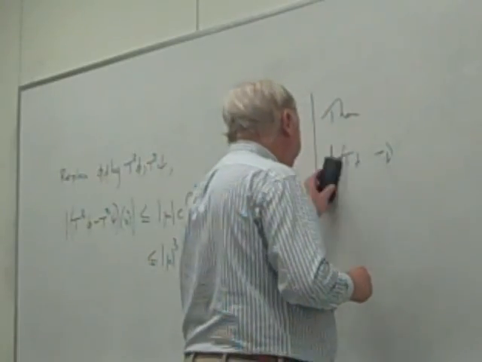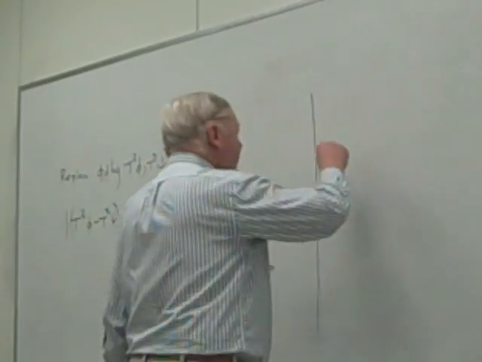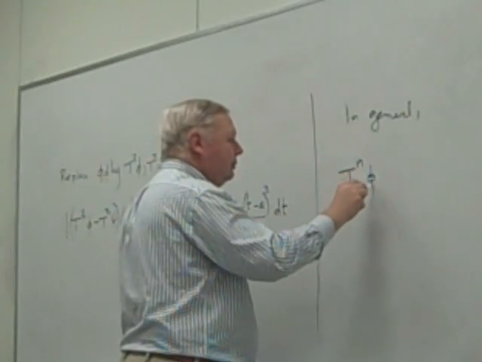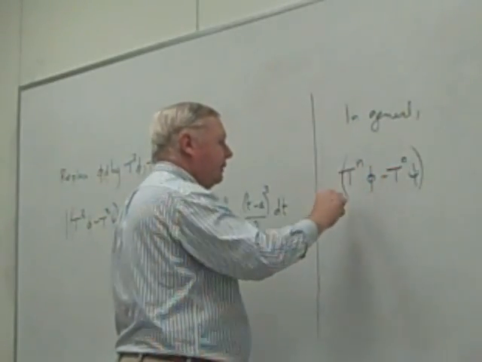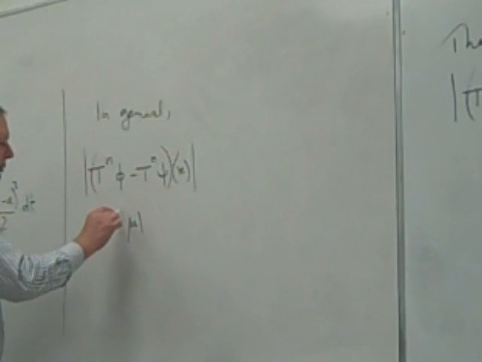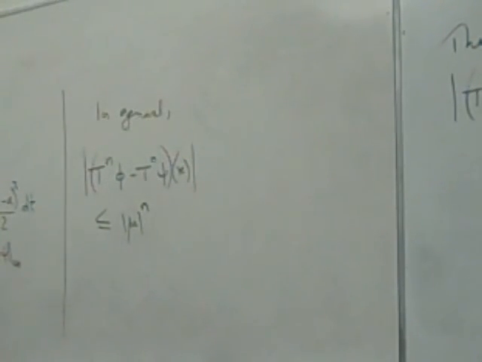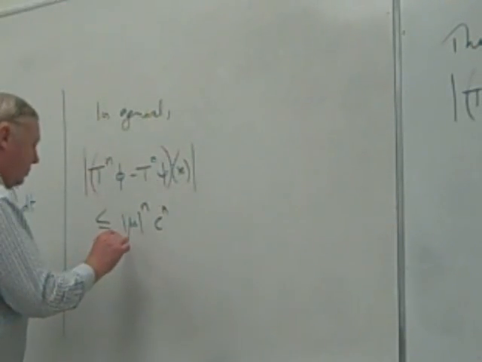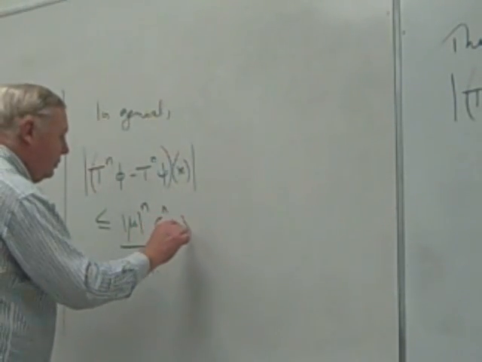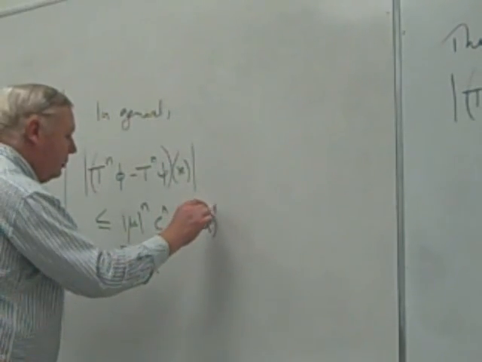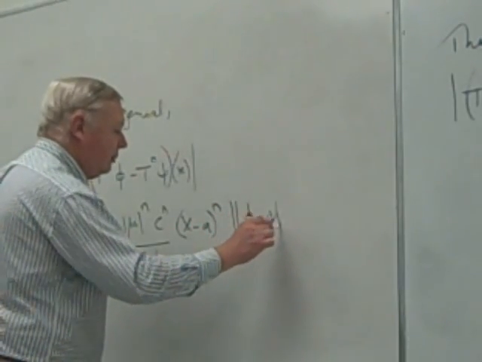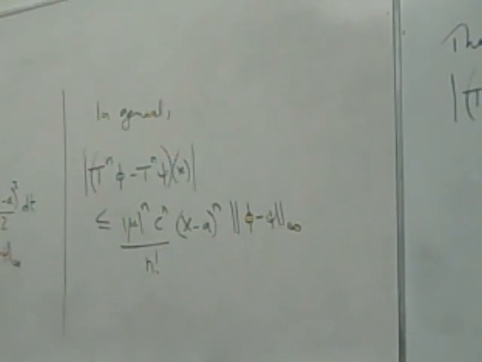Well, if you just keep doing this, in general, what you find is that T to the n phi minus T to the n psi, evaluated at x in absolute value, is at most the absolute value of mu to the n times c to the n divided by n factorial times x minus a to the nth power times the infinity norm of phi minus psi.